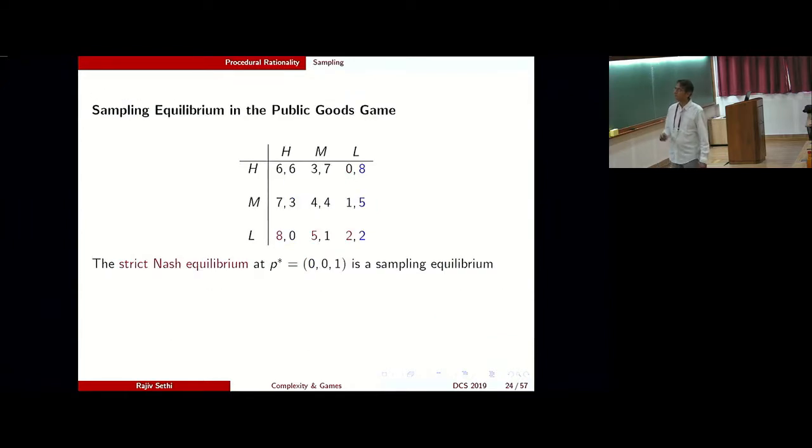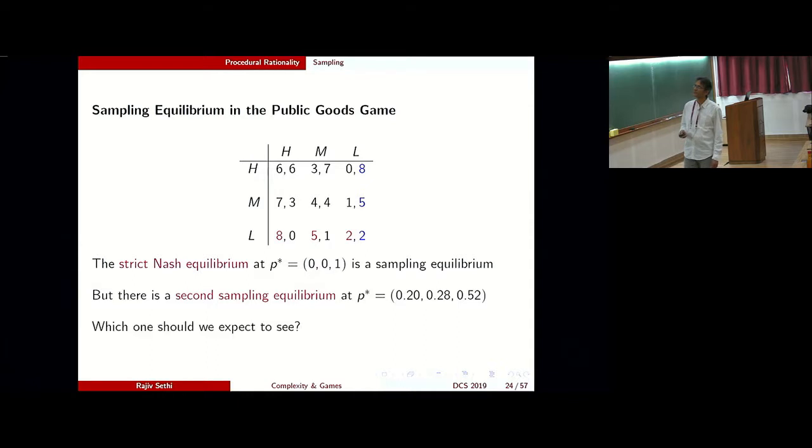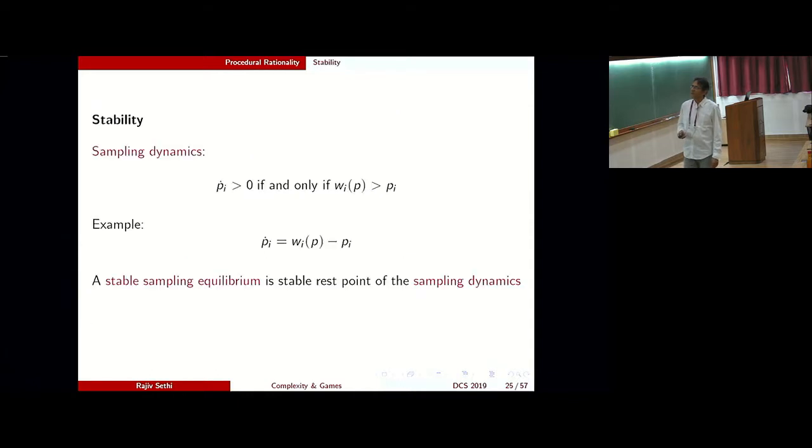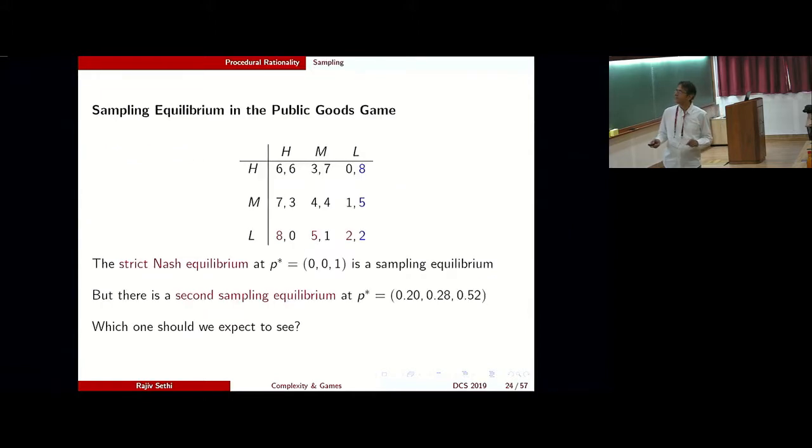Okay. So this game we saw yesterday, I'll skip through. Okay, now just a reminder that in many games, there will be multiple sampling equilibria. In fact, in this game yesterday, there are multiple sampling equilibria. There's the one where L is chosen with probability 1, and then there's the mixture, 20%, 28%, 50%, roughly speaking.